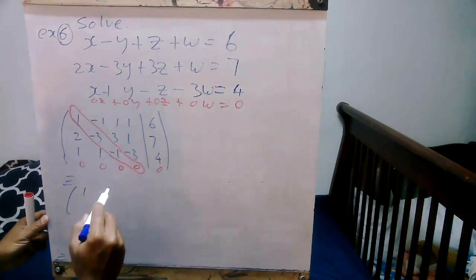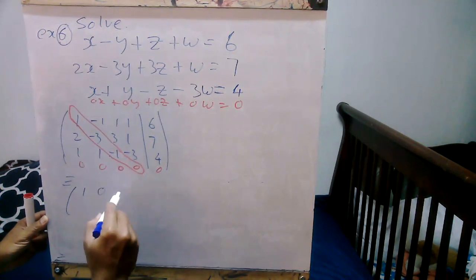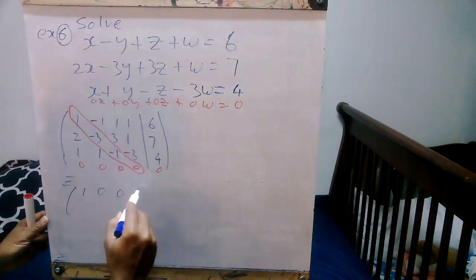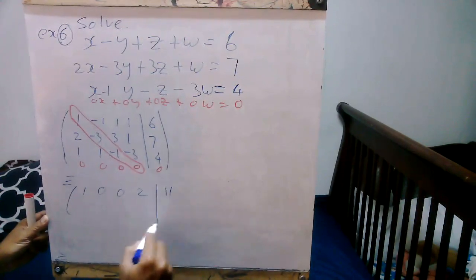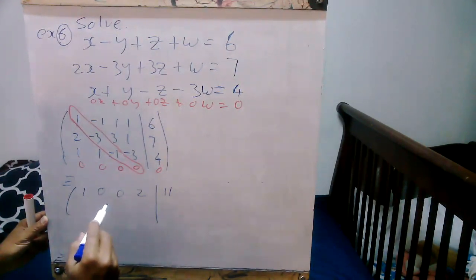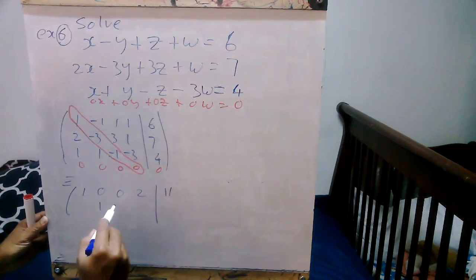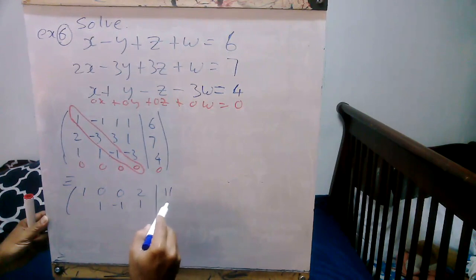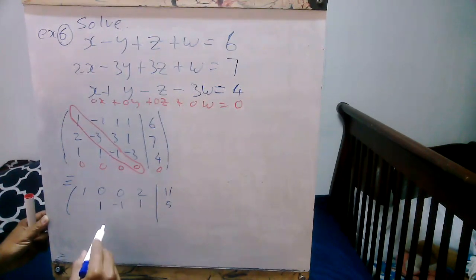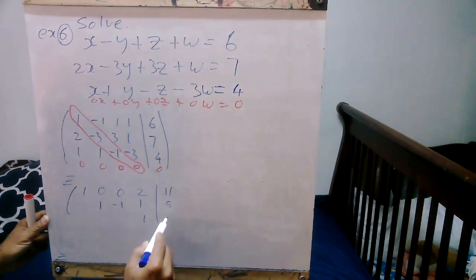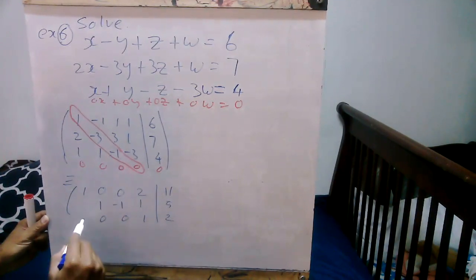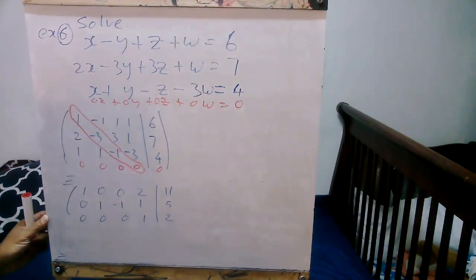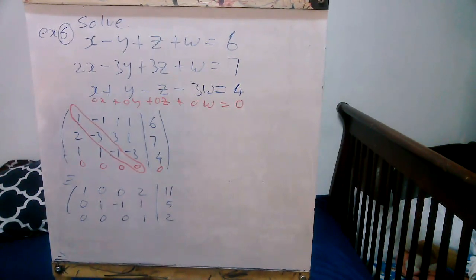One, 0, 0, 2. I'm copying this from the book. Negative 1, 1, 1, 2. These are zeros. Okay.